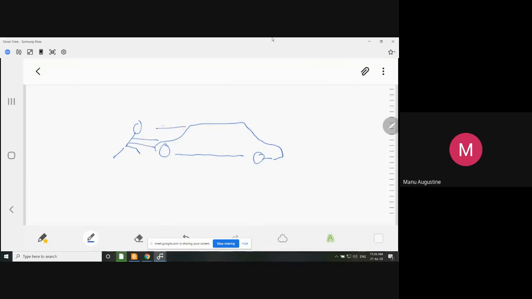The car is moving in this direction. This person is wearing roller skates. The person is applying a force of F Newton by pushing the car in the reverse direction. But as already told by me, the car is moving in this direction.